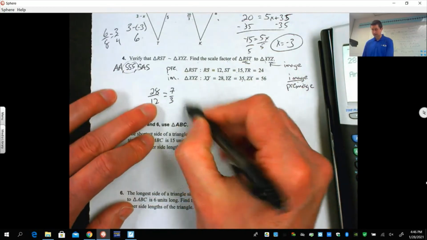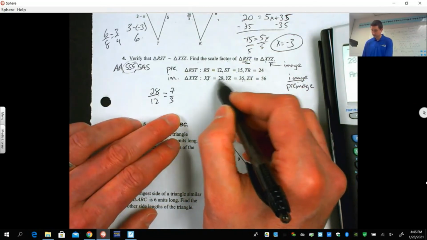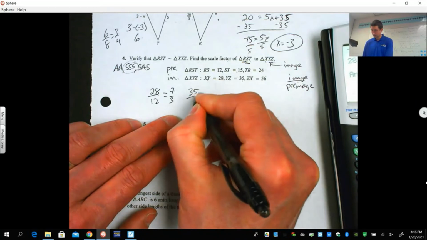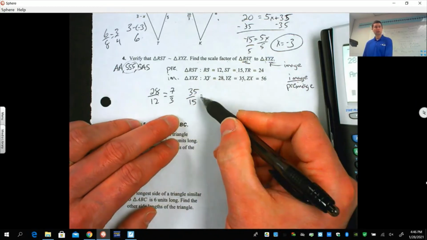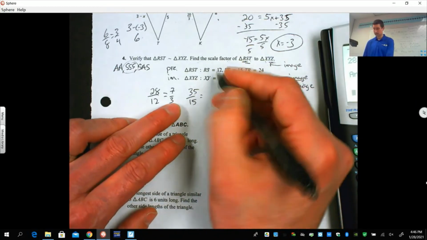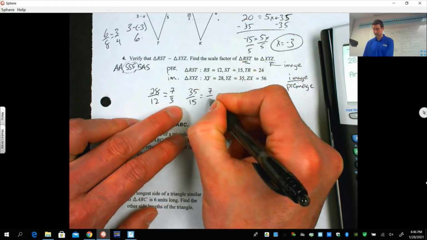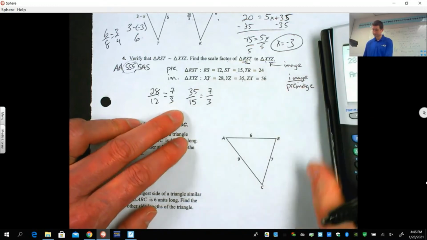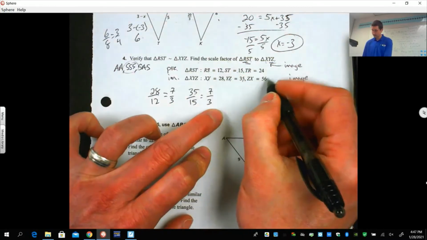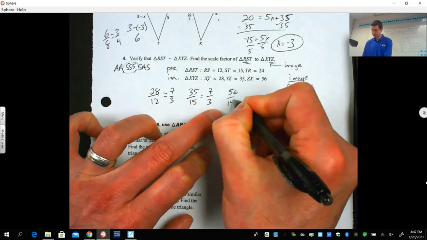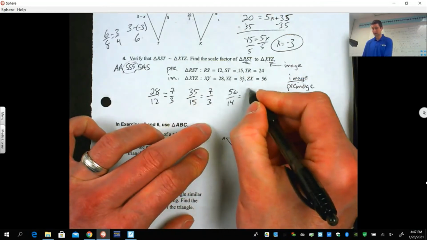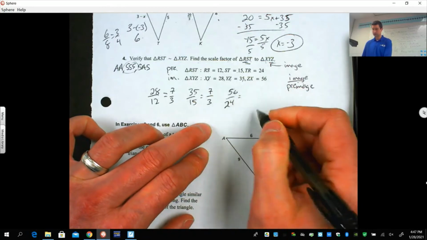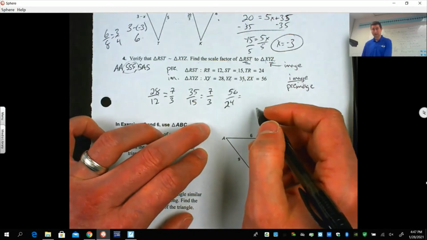This is the verifying part. We're showing that we have the same scale factor. 35 over 15. Divide both of those by 5. 35 divided by 5 is 7. 15 divided by 5 is 3. 7/3 again. And the last one is 56 over 24.